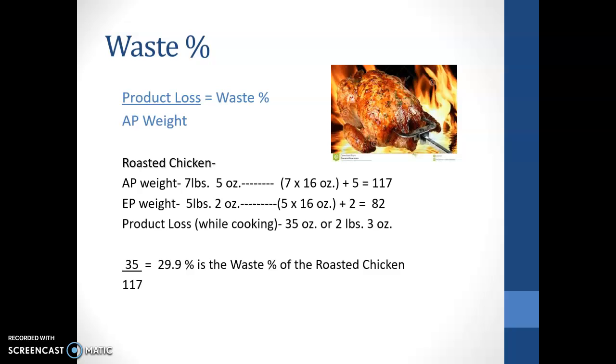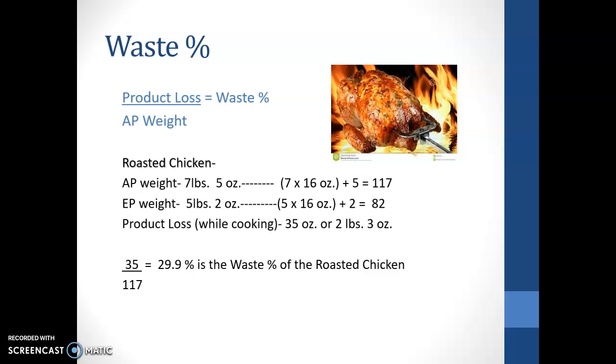So originally we were looking at a roasted chicken, so we could look at this as an example. We could take something like a rotisserie chicken and look at its AP weight. Now, there are many different ways to do this, and I try to simplify the math as much as I can.